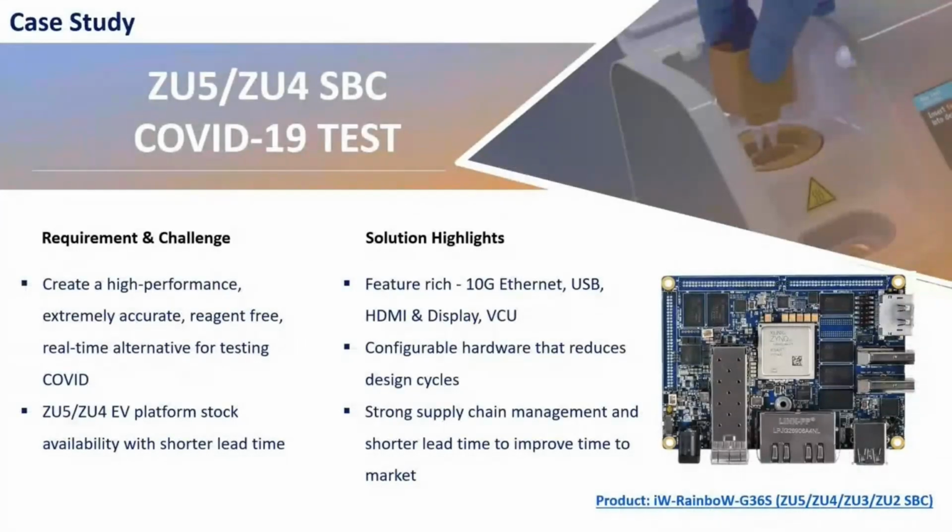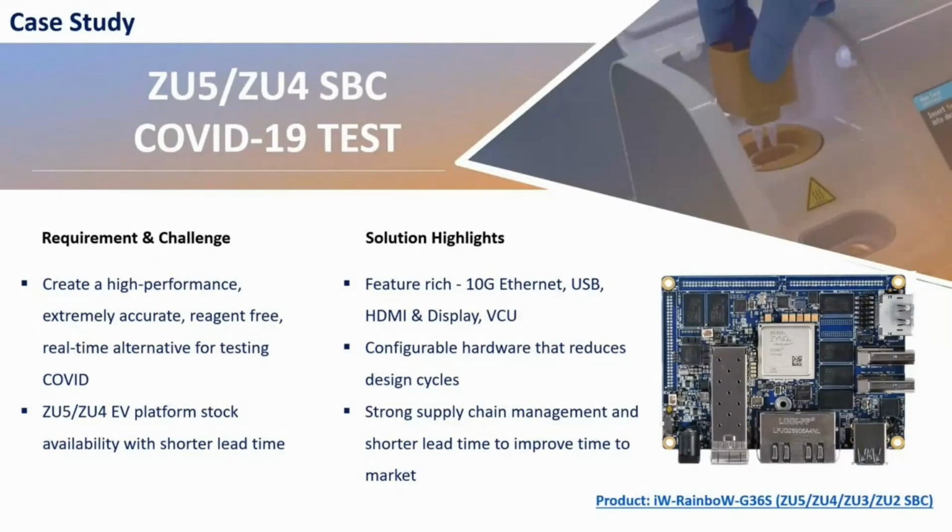And in today's scenario, there is a requirement for COVID imaging in seconds, for example, in a mall or an airport where you want to screen patients rapidly. That is where one of our customers is using the single board computer for COVID-19 detection in seconds.